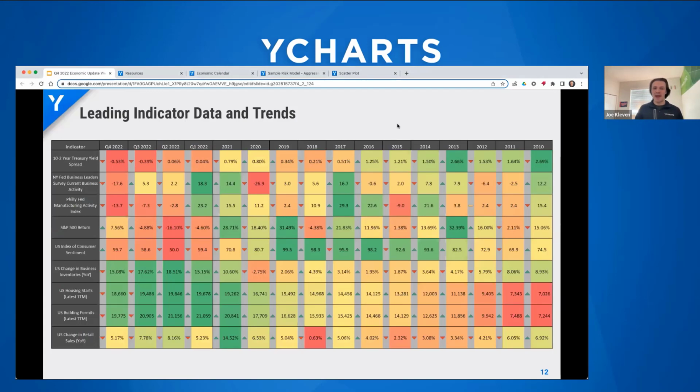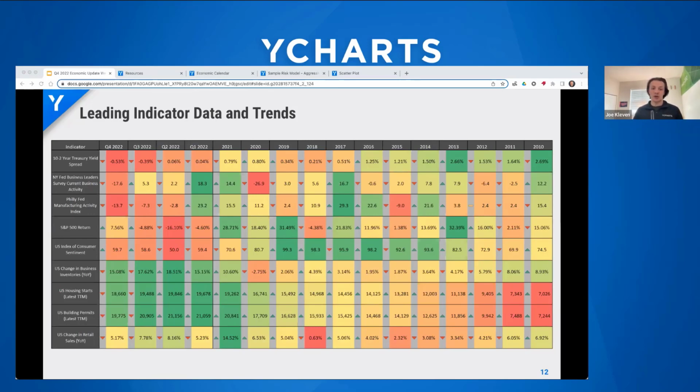Now pivoting to macroeconomic data, looking at the world here a bit. So here we've got a heat map of various economic data points, mostly considered leading indicators and their trends over time dating back to 2010. The first four columns show a quarter by quarter change for all of 2022, and the following 12 show annual changes in the data, again, dating back to 2010.